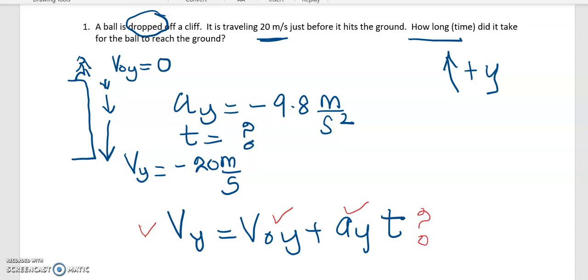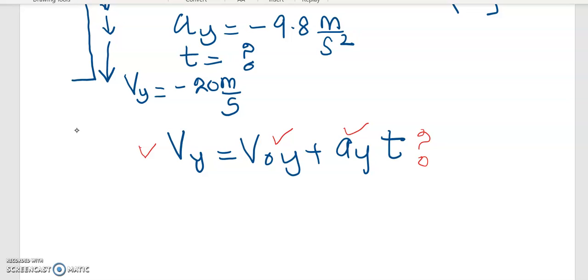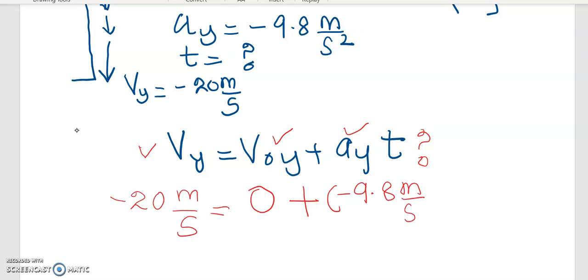No. So when you choose an equation, guys, you need to choose the equation that has just one unknown in it, because this is like an algebraic equation. If you have one equation, you need to make sure there's only one unknown. So I'm going to substitute for Vy: negative 20 meters per second is equal to initial velocity, 0, because again I dropped the object, plus negative 9.8 meters per second squared times the time t.